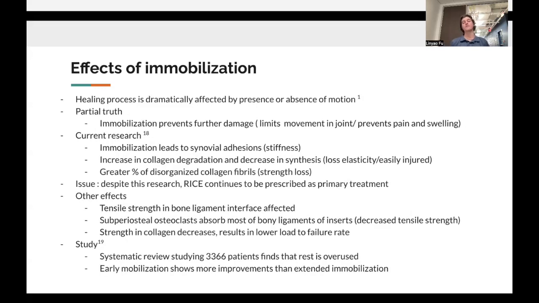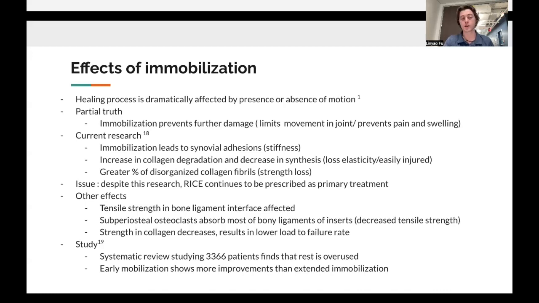Now, after the injury occurs, when we're talking about immobilization of the ligament itself, typically some people say that immobilization will prevent further damage of the tissue since it's going to limit the movement in the joint and prevent pain and swelling. And this is true, but it's actually worse to immobilize the tissue for a longer period of time. And this is mainly because immobilization for a long period of time can lead to synovial adhesions, also known as scar tissue, which will actually increase the stiffness in the joint, which will prolong the recovery process.